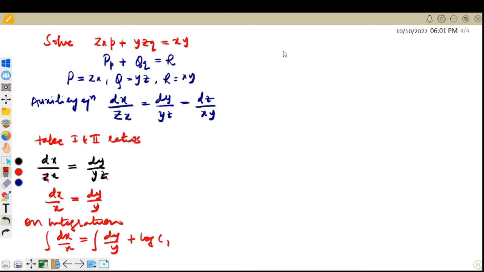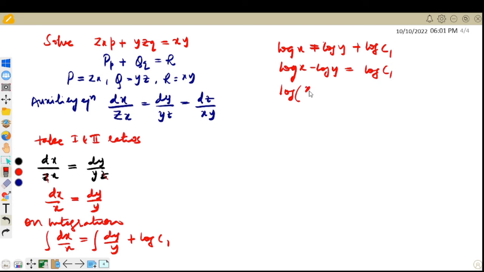Now integration of 1 by x dx is log x, which is equal to log y plus log of c1, or log x minus log y is equal to log c1. Log m minus log n is log m by n, so log of x by y is equal to log of c1, or simply x by y is equal to c1.